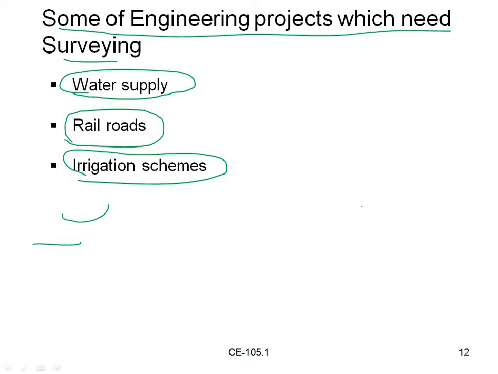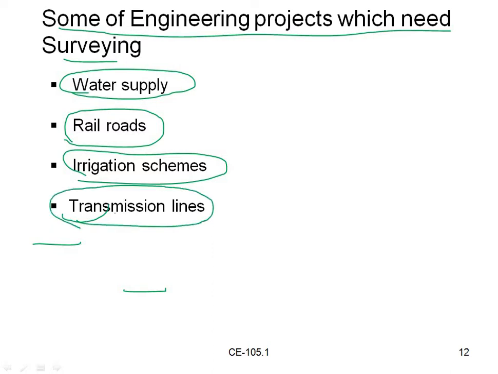So these are all irrigation works which are used for the surveying. And next is transmission lines. So transmission lines are also called electricity lines. These are the electrical towers which will be constructed on the ground.